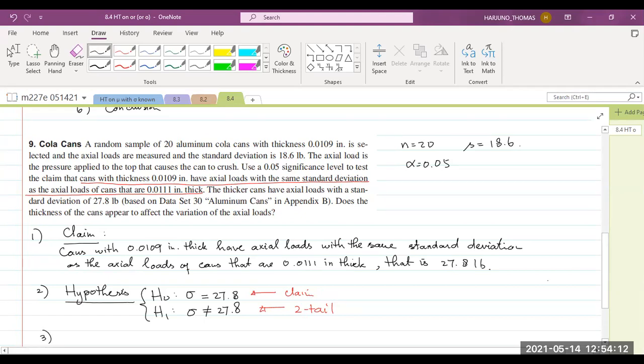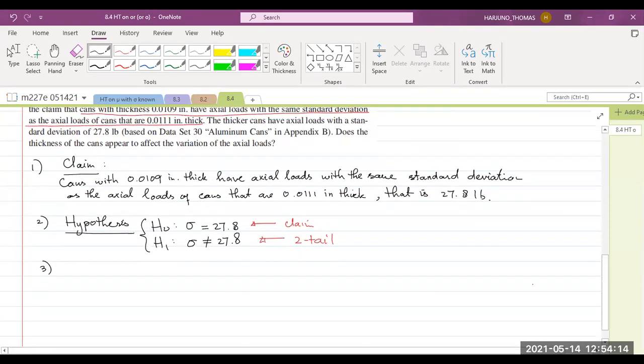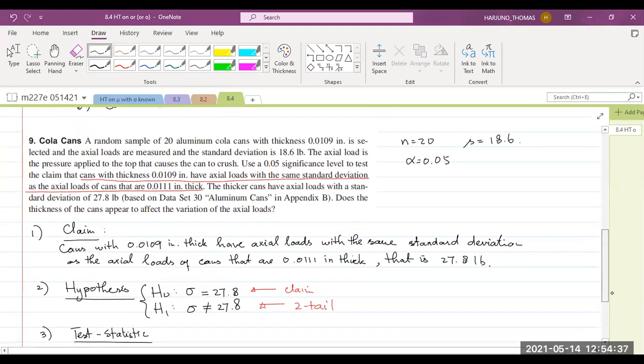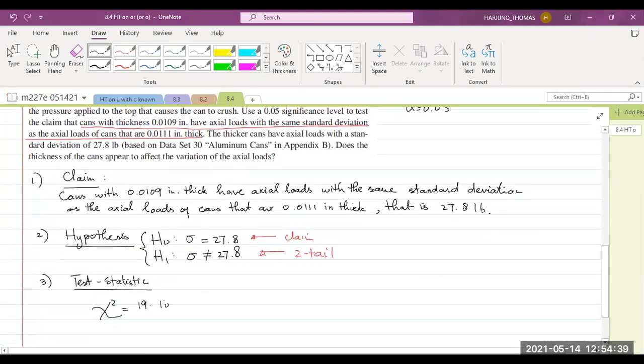Step 3, test statistic. Chi-squared equals, sample size is 20, so degree of freedom is 19, times the sample variance, 18.6, don't forget to square it, over the population variance, 27.8 squared.